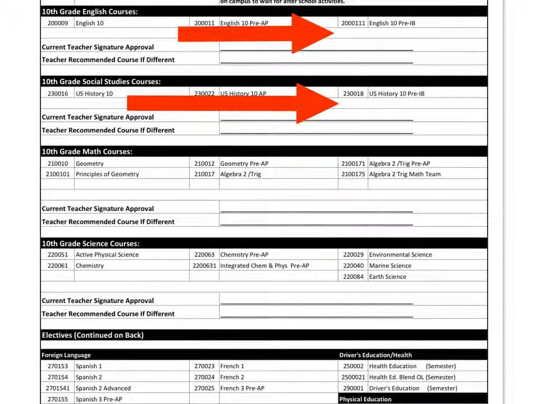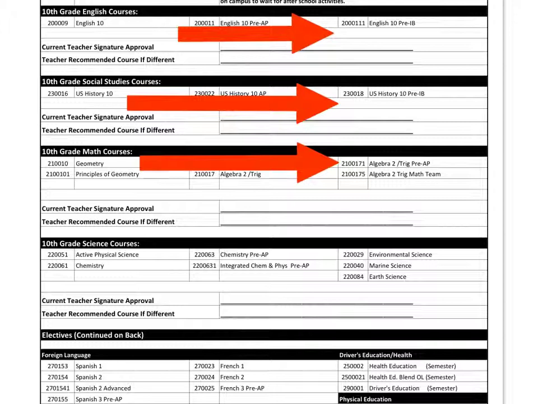But if you took a geometry pre-AP, for example, in the 9th grade, again, you will just take the next class in your sequence. And for most of you, that will be somewhere over here. This year, for example, in 9th grade, if you took geometry pre-AP, you might take either Algebra 2 with Trig pre-AP.